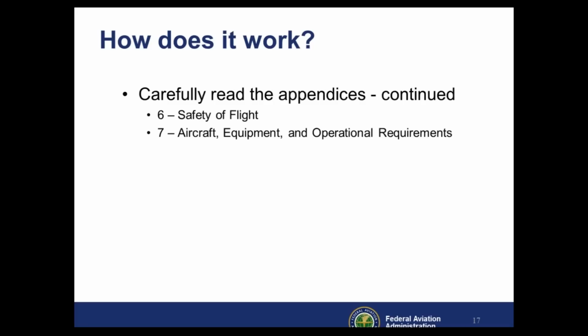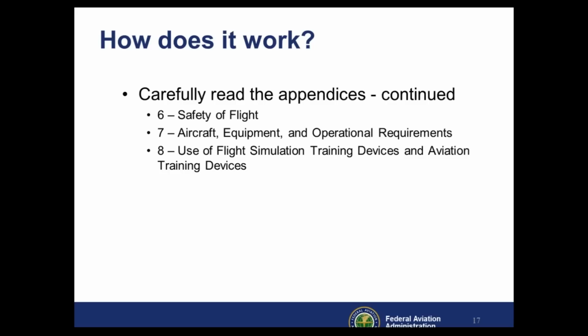You shouldn't find anything new here that's going to get you worked up, but it's pretty straightforward. 8 is use of FTDs, and then 9 and 10 are references, abbreviations, and acronyms. So I don't think you'll have any issue with any of those in there. So that kind of gives you an outline of what's going to be in the appendices.